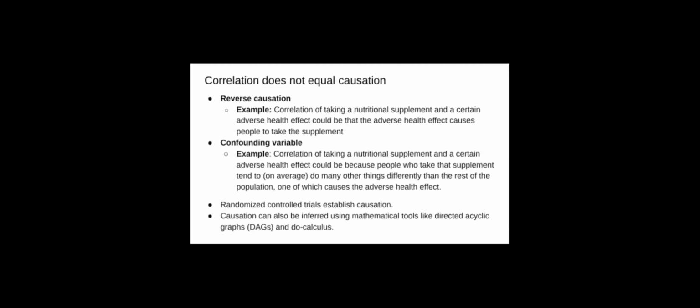They're health-minded, let's say, and they take all kinds of other supplements and do all kinds of other things. And maybe one of those other supplements that they take is causing this adverse health effect. So the only way to establish a causation is with randomized controlled trials. But if you don't have randomized controlled trials, there's mathematical tools that could be used to build up a case for causation that I mentioned here at the end of the slide.